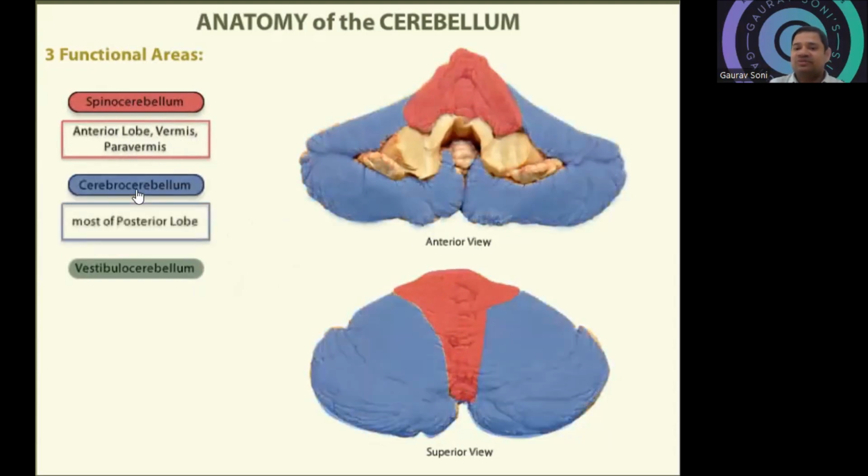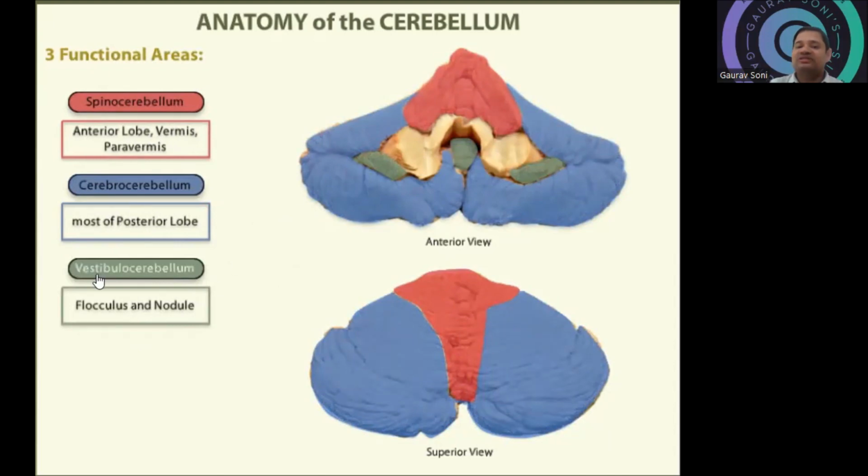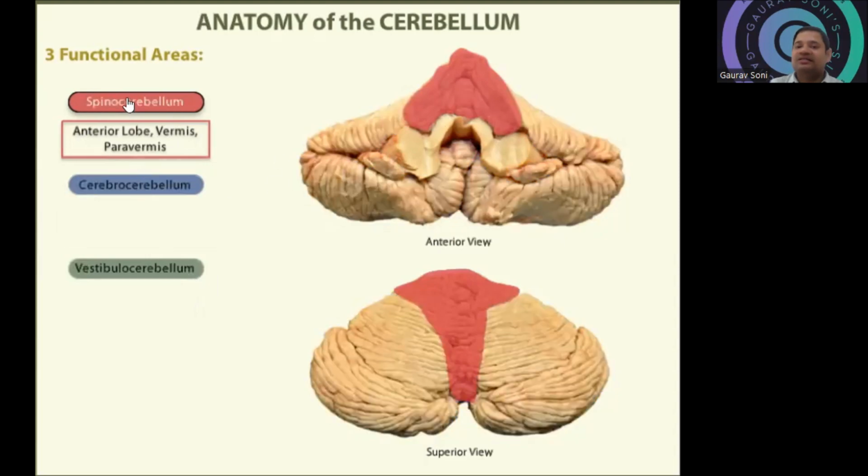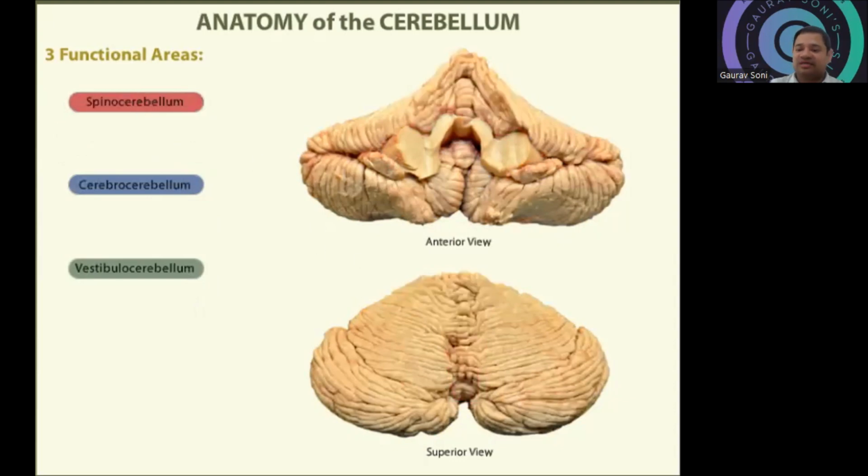Then the cerebrocerebellum is mostly all of the posterior lobe, and the vestibulocerebellum is basically the flocculus and nodule. The flocculonodular lobe, the third lobe which we have seen, is for vestibulocerebellar function. Cerebrocerebellar function will be in the posterior part. Then spinocerebellar function will be in the anterior lobe and vermis or paravermis part.